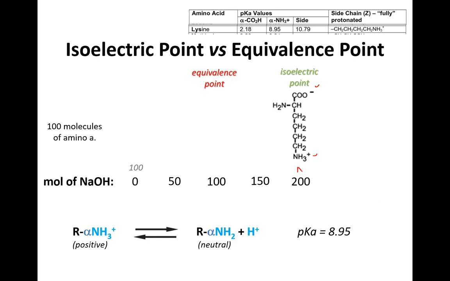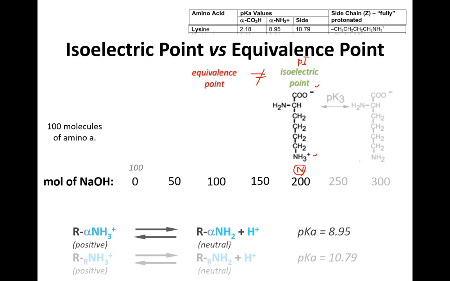The overall charge here is neutral. Therefore, the pH that you reach at this point right here will correspond to the isoelectric point. You can see how the equivalence point and the isoelectric point for lysine will actually be reached at different points. The pH value corresponding to the equivalence point will be different than the one when you reach the isoelectric point.